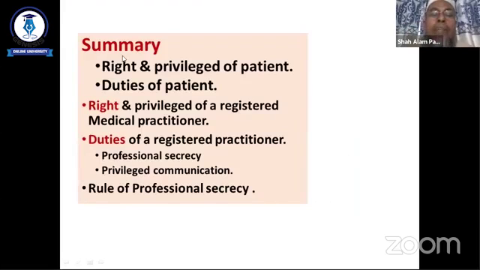So we discussed today the right and privilege of patient, right and privilege of doctor, duties of a doctor, duties of a patient, and among the duties, professional secrecy. We discussed the privileged communication and rule of professional secrecy, and examples of professional privileged communication. But we didn't discuss consent. This is another duty, and today probably time will not permit us.